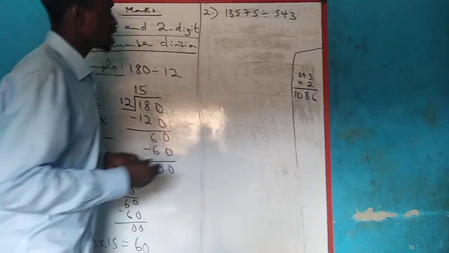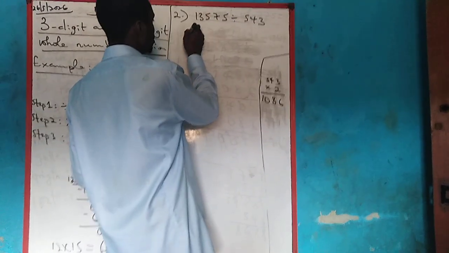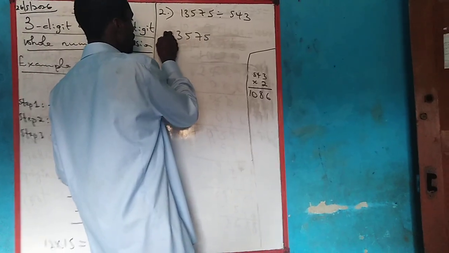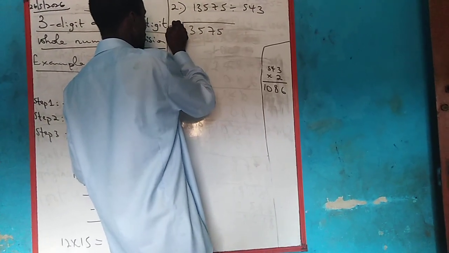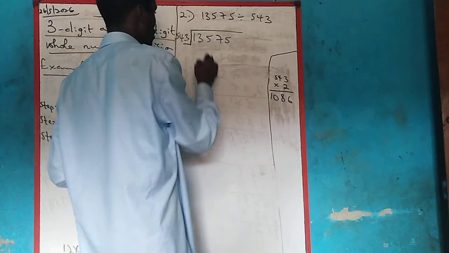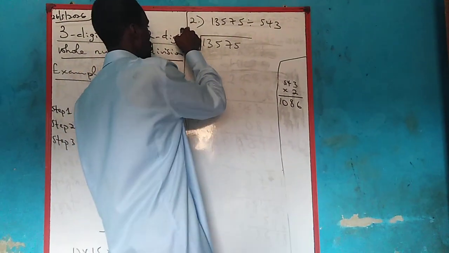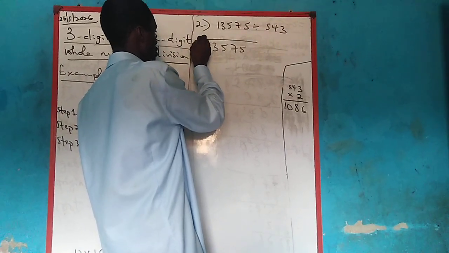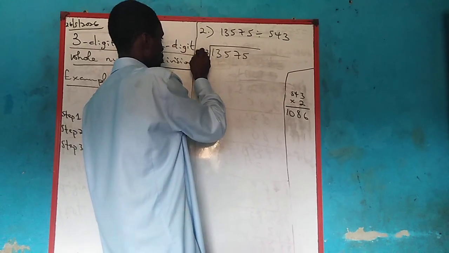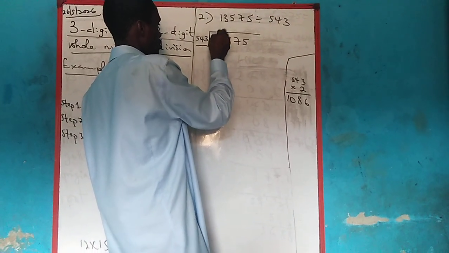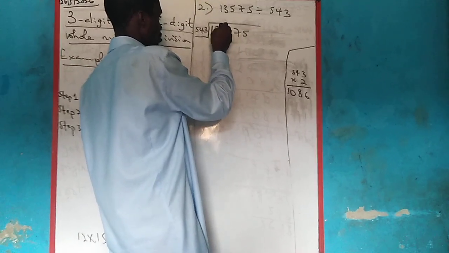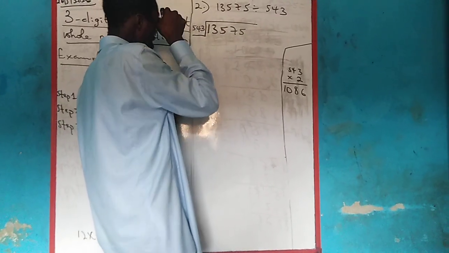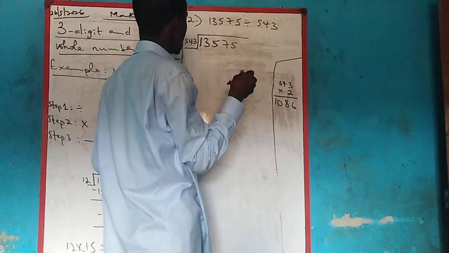Alright. For this other side, I have 13575 all over 543. Alright, let's see.